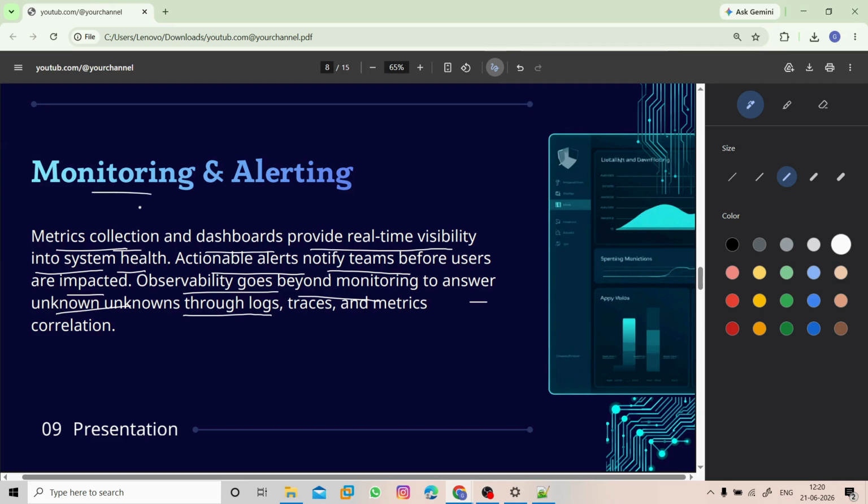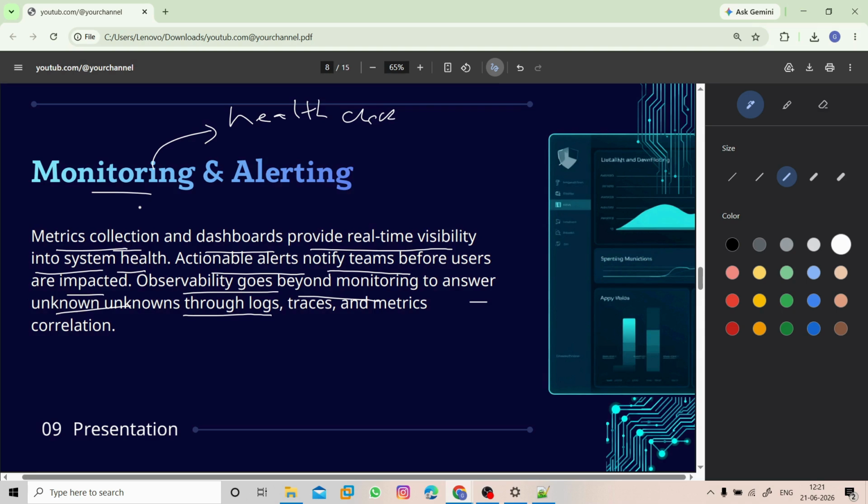Monitoring is like a health checkup. It tells us if something is wrong.